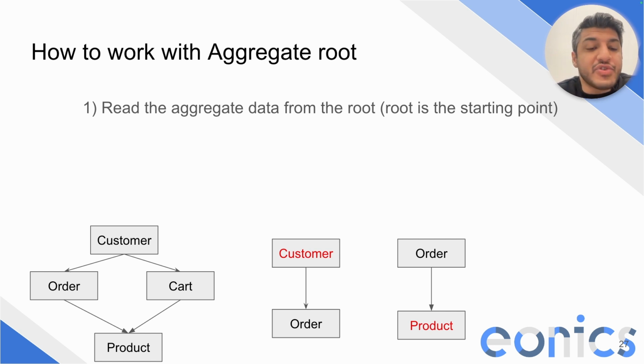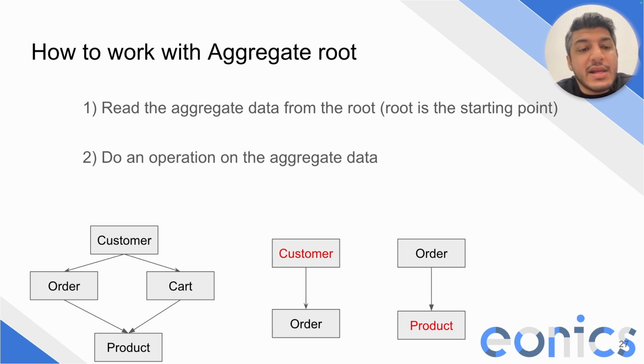Sorry, by upstream and downstream, I don't mean the bounded context. I mean the flow of the association in the model. So the flow of the associations is from customer, because customer is using card and order, and card and order are using product, as you can see in the arrows in the model.